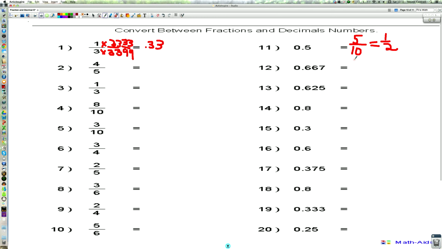And for instance, this right here, that's going to be 667 over 1,000. It's tens, hundreds, thousands. Okay, what did I multiply by to get that? But that would be your fractions, and that would be switching between decimals and fractions.